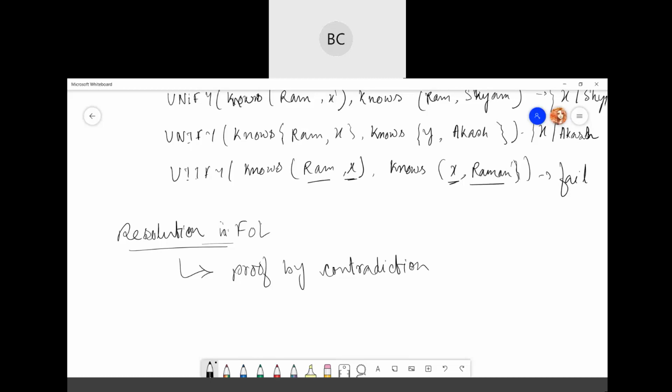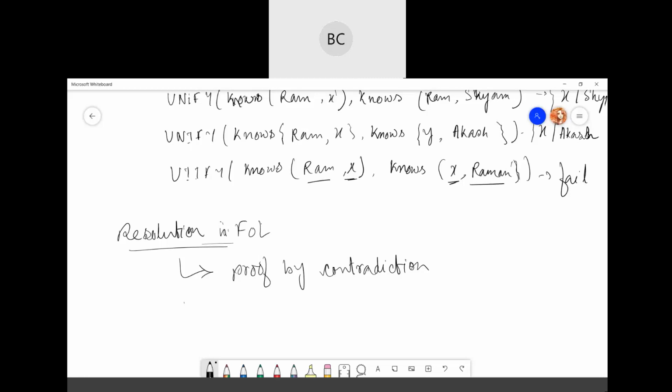So resolution is used if there are various sentences and we need to prove a conclusion of those statements. Unification is the main key concept in proof by resolution.